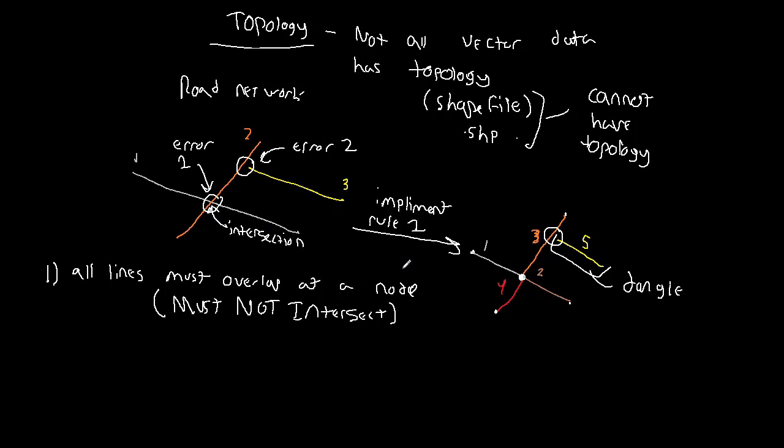Right? When we say that they must overlap at a node, we now have multiple different line segments, so they're not actually intersecting each other, right? This node is handling, again, that communication between the four of them. Up here, when we have this gap, that makes this thing here called a dangle. And what we can do is we can have a rule that says all lines must connect to each other.